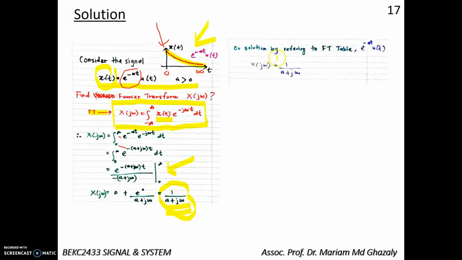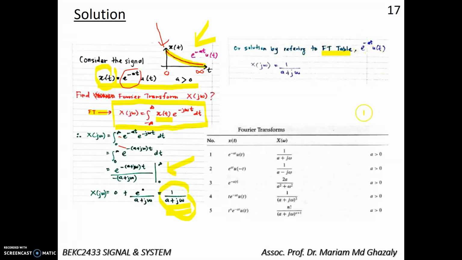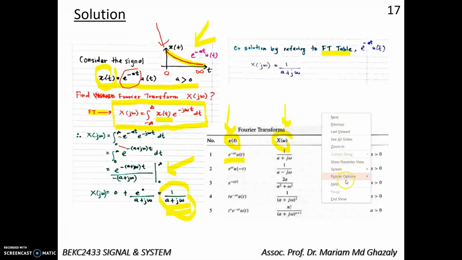Another solution is that you can directly use the Fourier transform table, which is given for e^(-at) u(t). This table refers to the appendix that you are given. So find e^(-at) u(t), which is this first equation. If you look at this row, you see that this row is x(t) and this row is X(ω). It means that this one is the signal in the time domain and this is the signal in the frequency domain.